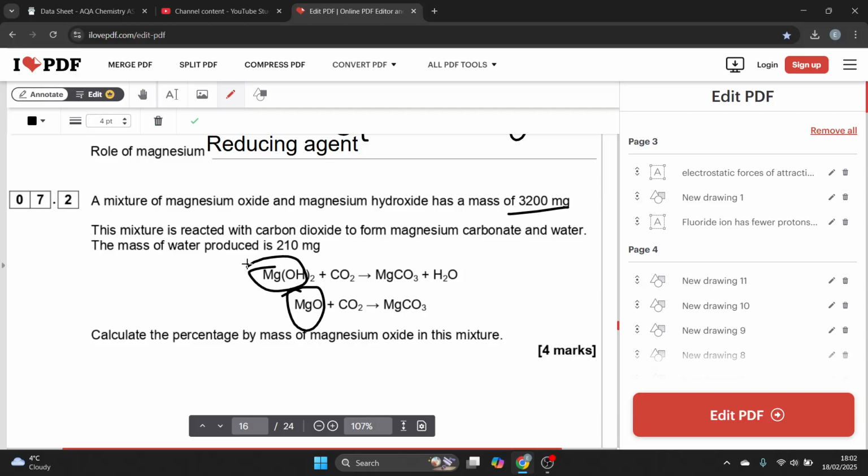So I can use the mass of water to calculate the moles of water. Then I use the moles of H2O, 1 to 1 molar ratio, that's the moles of magnesium hydroxide. Find the mass of magnesium hydroxide, do the total mass minus the mass of magnesium hydroxide to find the mass of magnesium oxide. Then mass of magnesium oxide over the total mass times 100. I think that's what we do anyway.